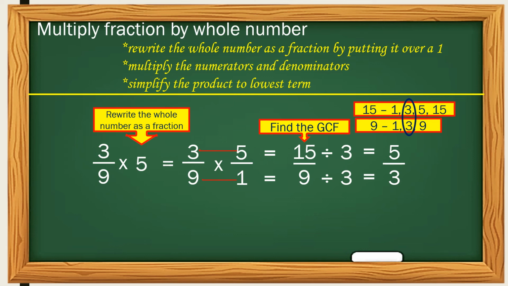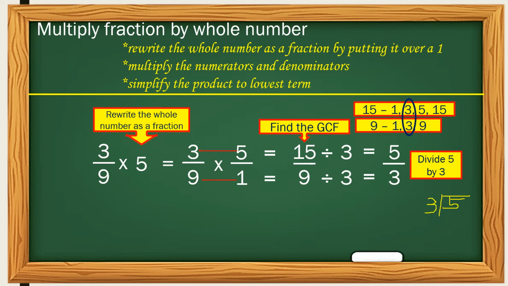Our answer is 5 over 3 and that is improper fraction. Kailangan pa rin natin siyang i-lowest term. Sa papaanong paraan? I-divide lang natin yung 5 by 3. So, i-divide natin. Okay? 5 divided by 3.